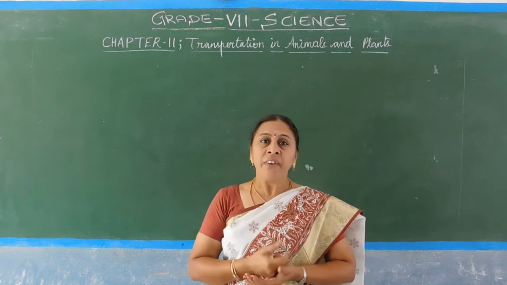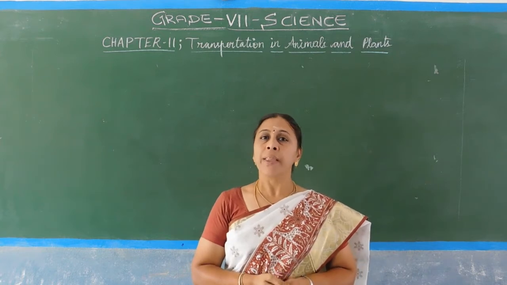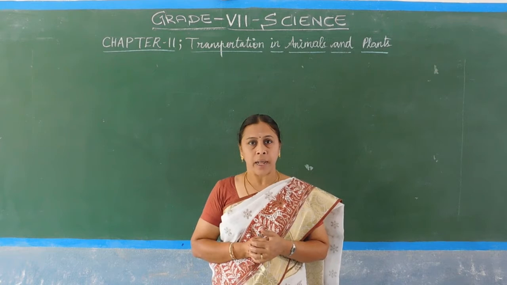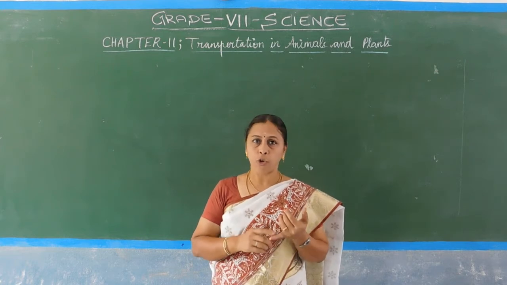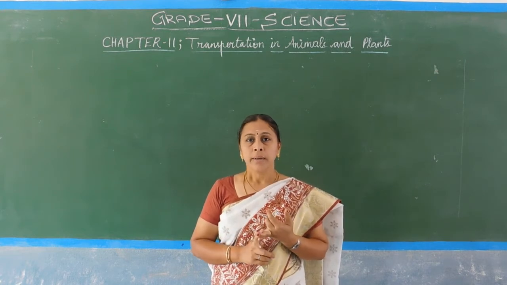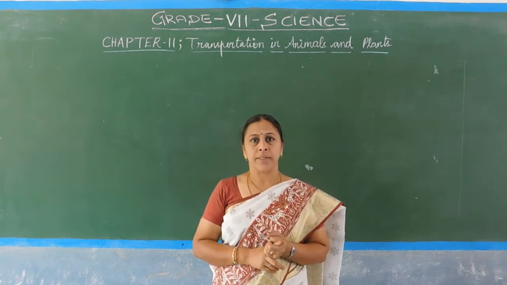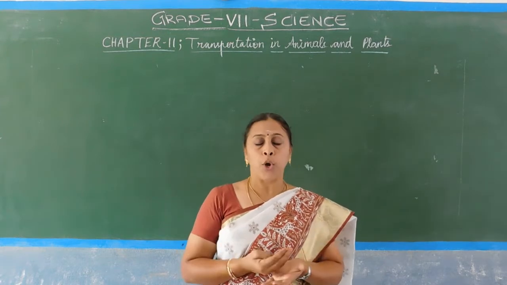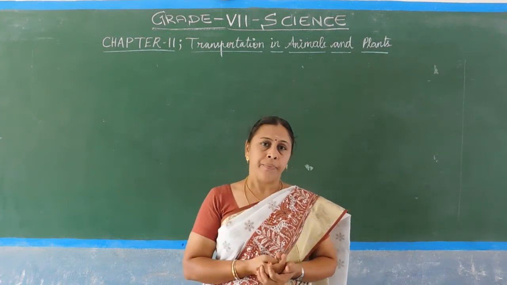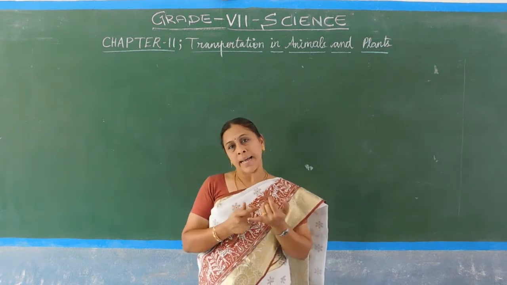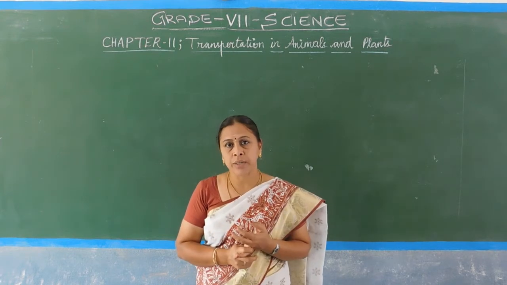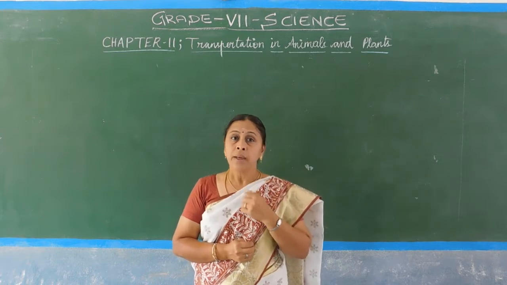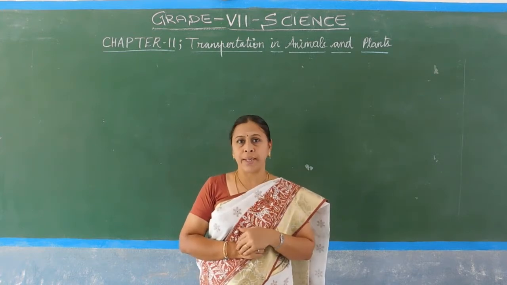For all living organisms, they need the basic needs for their life, that is food, water, is it not, and oxygen. So all these are procured, that means they get through digestion, respiration, and from the environment they absorb the oxygen through respiration.